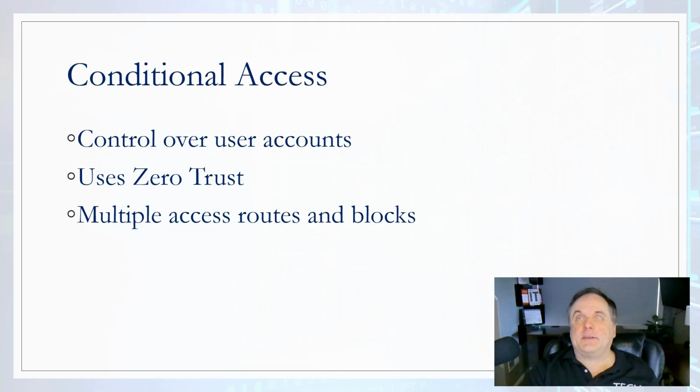It combines signals like user identity, device state, location, risk detection, all these different ways of making a condition for your conditional access policy. And it enhances security by blocking access or requiring stronger authentication or restricting user sessions when they don't meet those particular requirements.